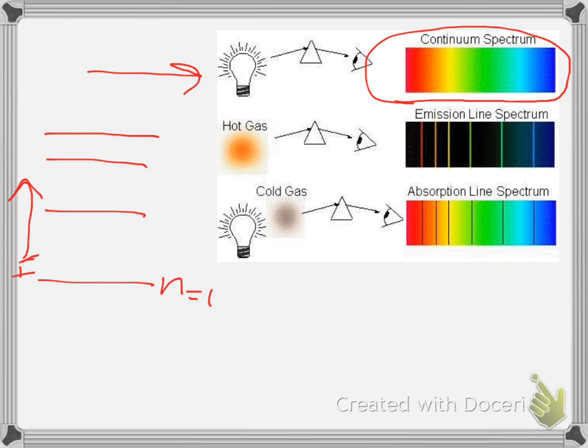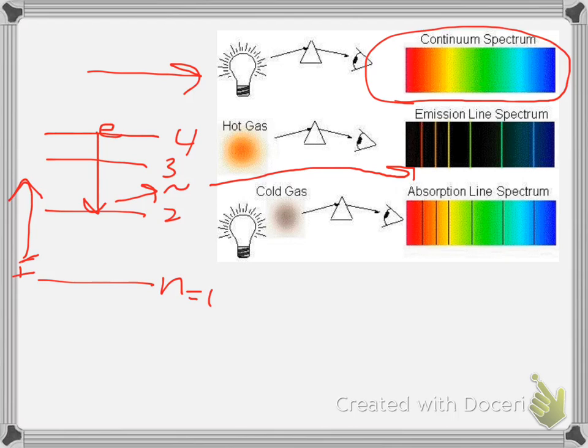And so n equals 2, 3, and 4 respectively. When an electron is up here and then falls to here, it emits a photon of light. These photons give rise to these lines on the emission spectrum. So that's pretty easy to understand.